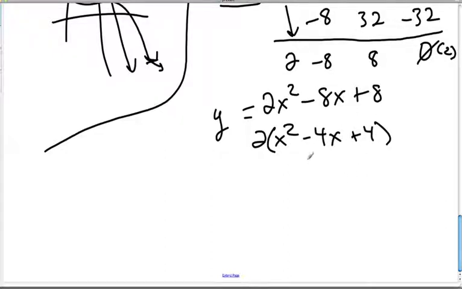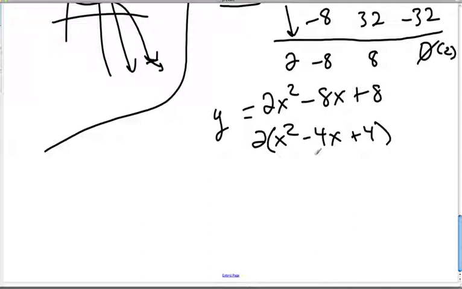And you can stop right here, and if you notice that this is a perfect square trinomial, then go ahead, you've won the game of life.